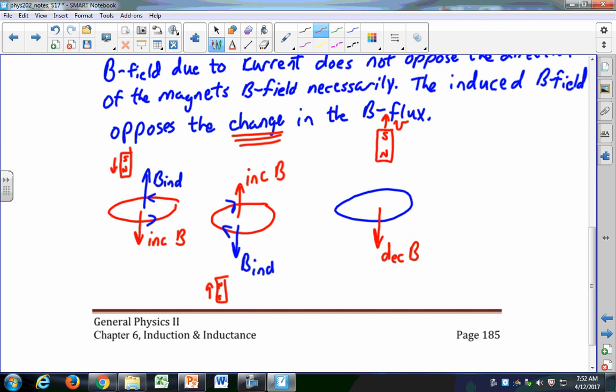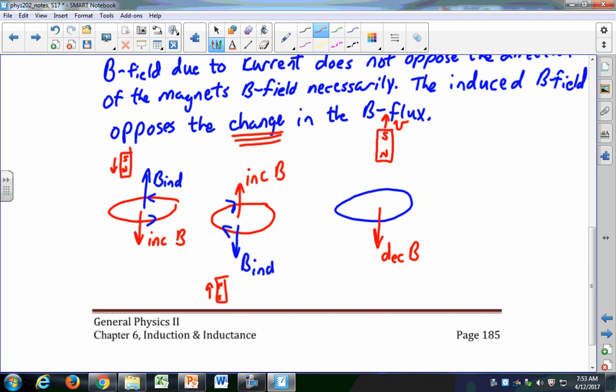So what is going to be the direction of the induced magnetic field in this case? Is it going to be up or is it going to be down? The induced magnetic field. What do y'all think? Down is right, because it wants to oppose any change in magnetic flux. So you imagine you have this magnet here, you have a certain magnetic flux around this coil, but then I start to take it away.